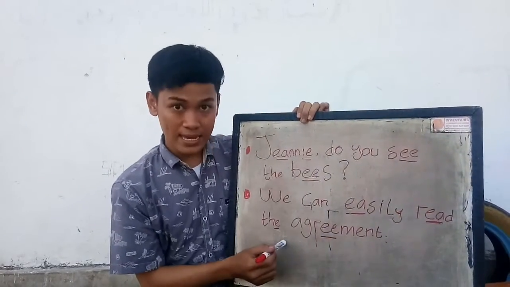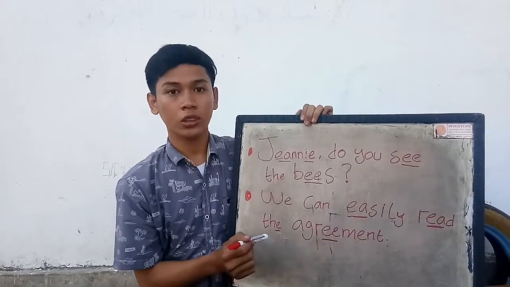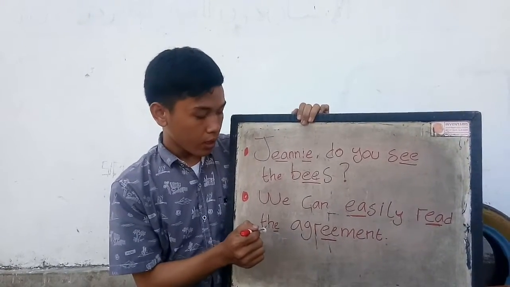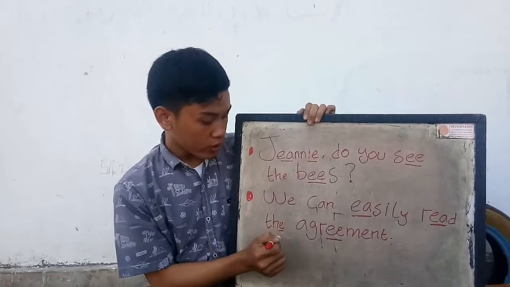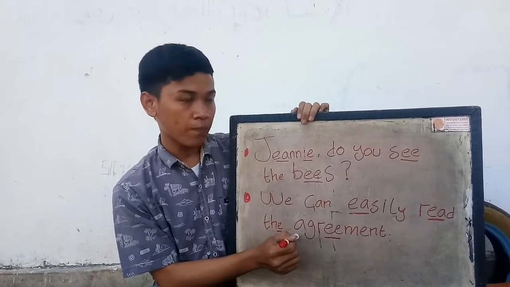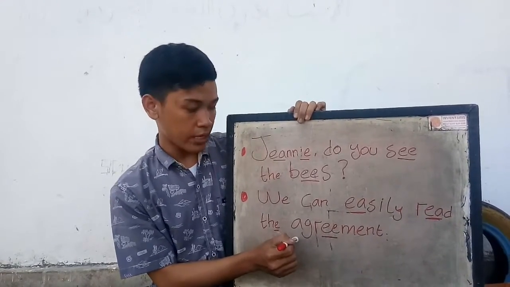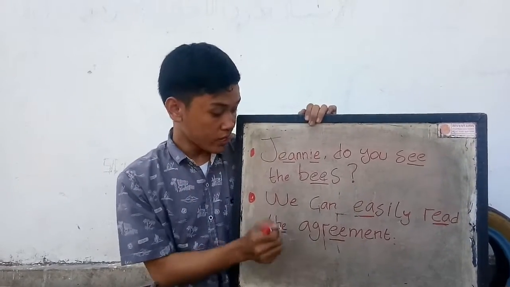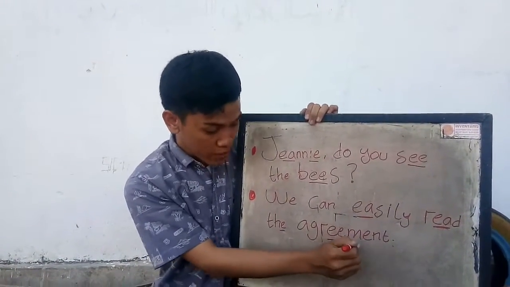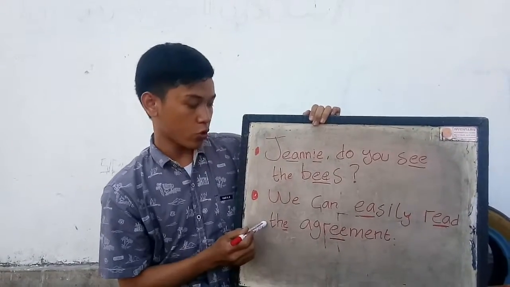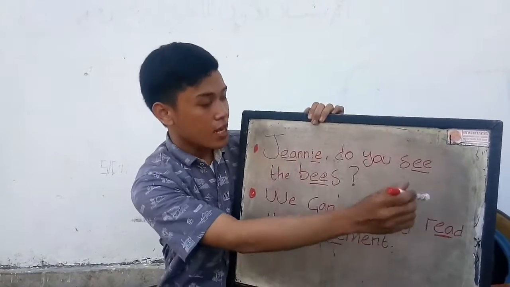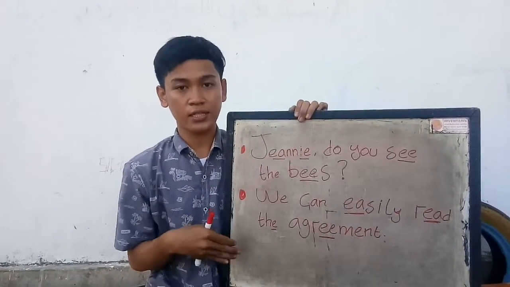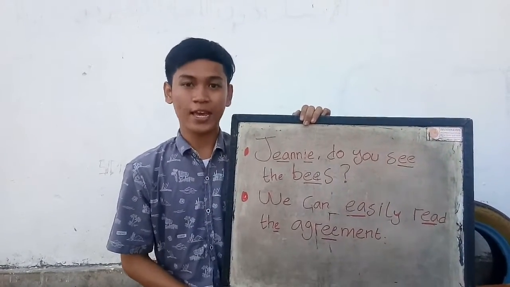And the word "the" is pronounced "thee", not "thuh", because the word meets a vowel in "agreement", so the pronunciation changes. So, we can easily read the agreement. This is the sentence example for the E sound.